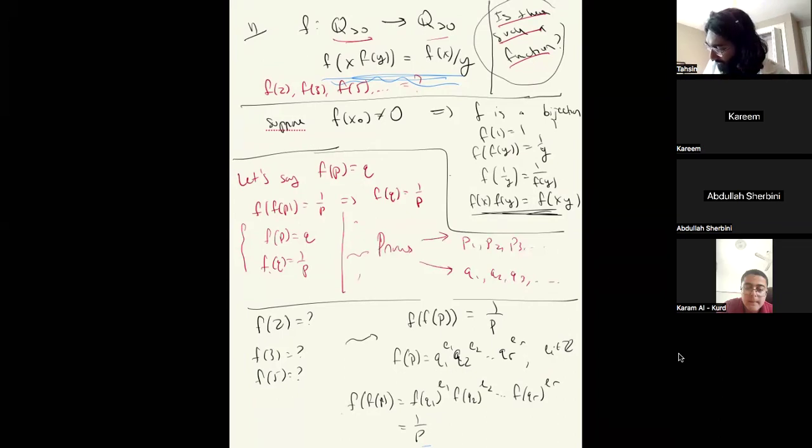You say f of pi equals qi, and f of qi equals 1 over pi. And you say this is the solution. Maybe it's an exercise, but you can check this actually is a valid solution. If you just separate the primes into two lists and you say this is true, and then you extend by the Cauchy equation.